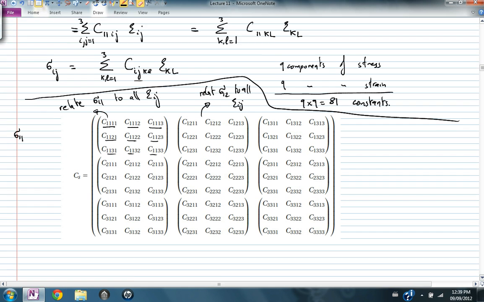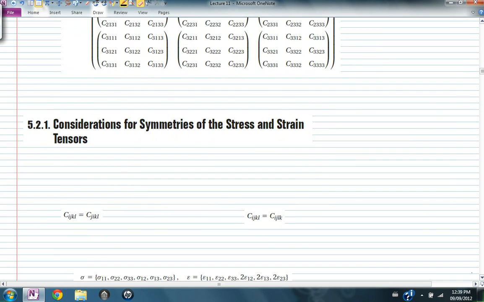However, we studied that sigma 12 is equal to sigma 21. So we said that the stress is symmetric. Not only this, we also said that epsilon 12 is equal to epsilon 21.